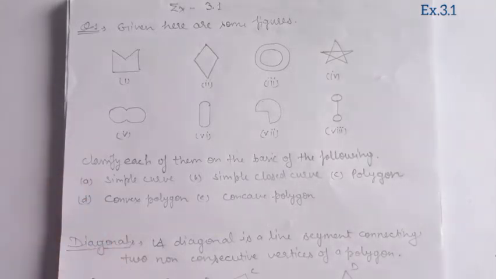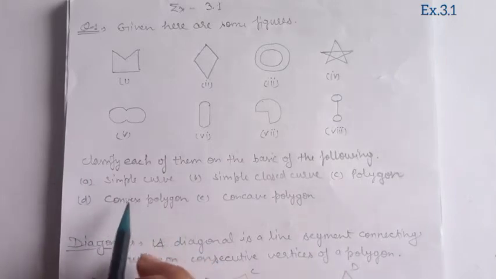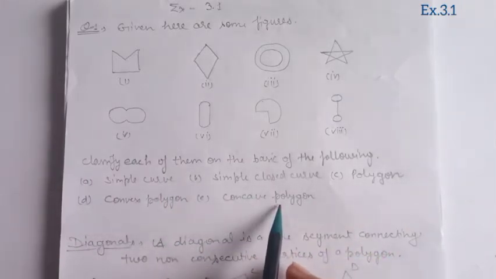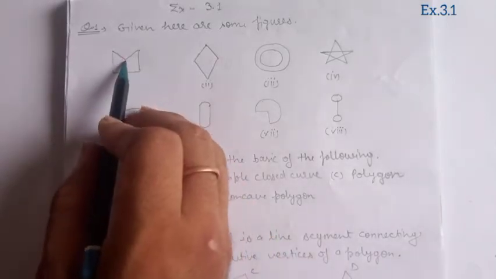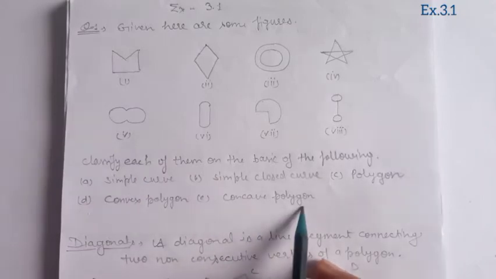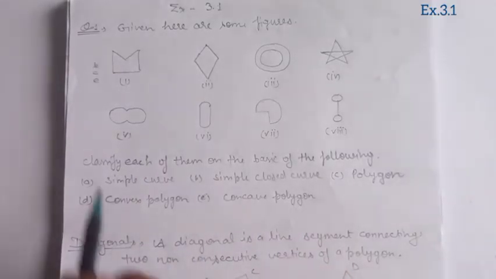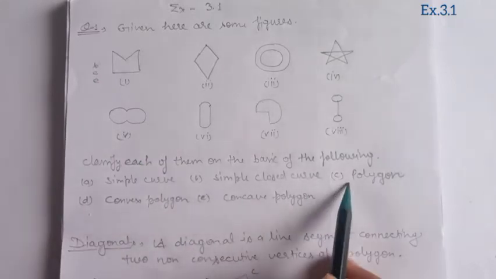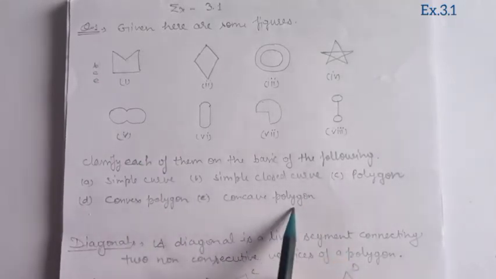Here, figure number 1 is a closed curve. It is formed by line segments. So it is a simple closed curve, second, a polygon, and third, a concave polygon, because one interior angle is more than 180, that's why it is a concave polygon. So the solution for figure 1 is B, C, E. B is simple closed curve, C is polygon, and E is concave polygon.